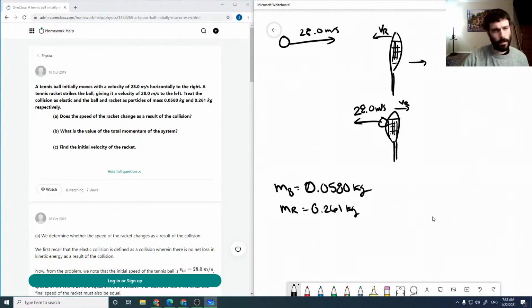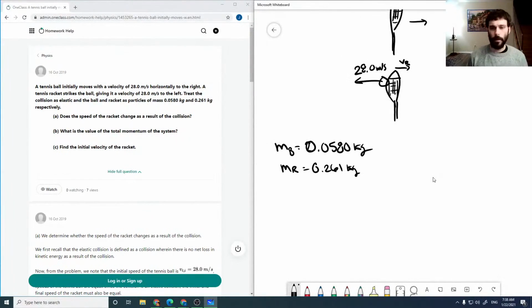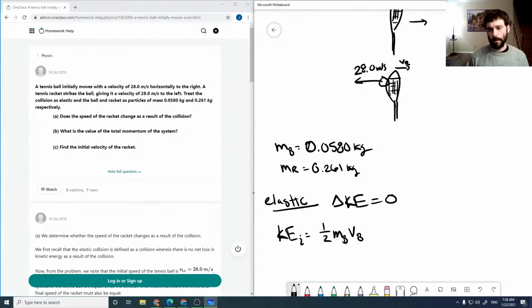So the first question is, does the speed of the racket change as a result of the collision? So first of all, if it's an elastic collision, then our delta KE is 0. So our initial kinetic energy is 1/2 the mass of the ball times the velocity of the ball squared, plus 1/2 the mass of the racket times the speed of the racket squared.